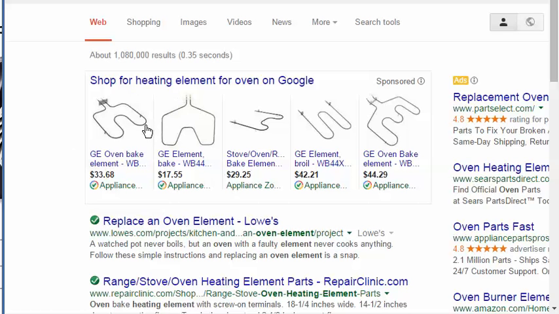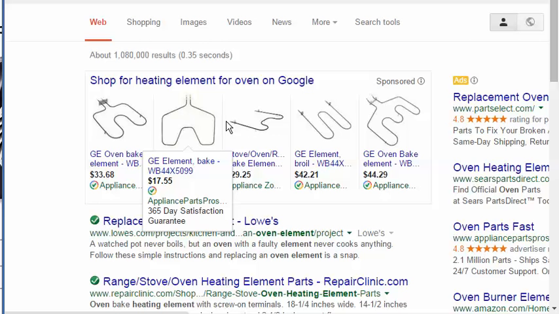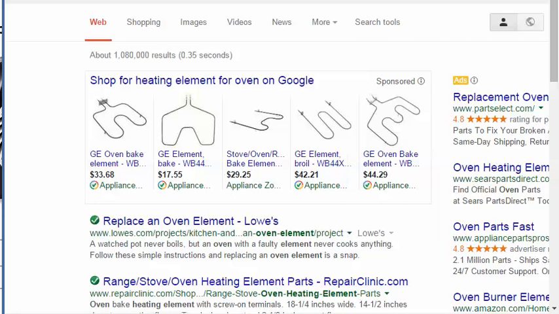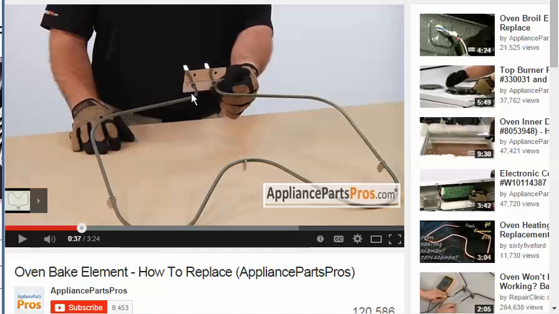So here are some pictures of heating elements for an oven on Google. Here's an image from a YouTube video telling how to replace the heating element. Okay, I'm not sure how close this will come out to be the reality, but I'm going to make this bold statement here that the power over a unit area is equal to sigma T to the fourth. This is the power of a blackbody spectrum.